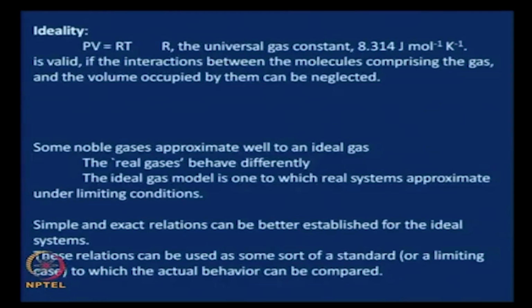This you have already seen, the ideal gas equation PV equals RT, the real gases under certain conditions do follow PV equals RT, and that is what you just said.